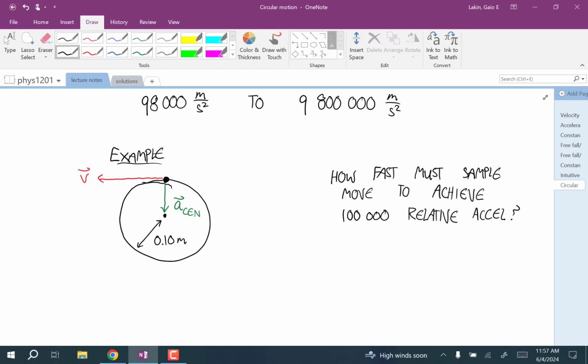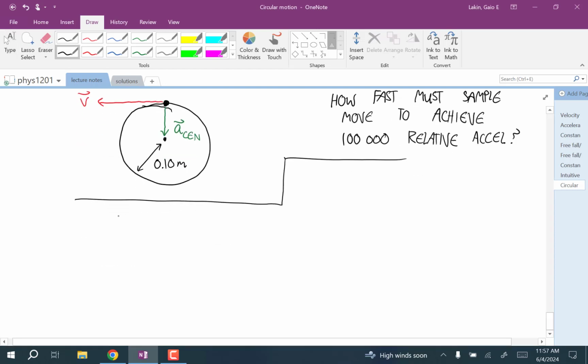And now we're going to say the centripetal acceleration is equal to v squared over r, and we know what r is. And we want to set that equal to 100,000 times 9.8 meters per second squared. So we're setting this to 980,000 meters per second squared.